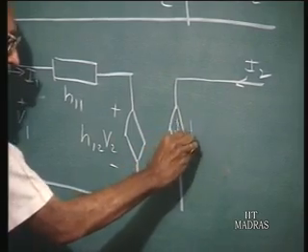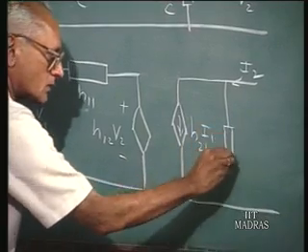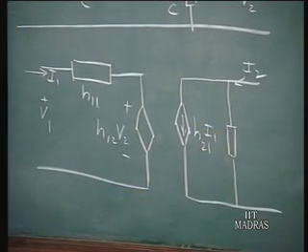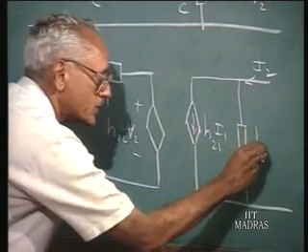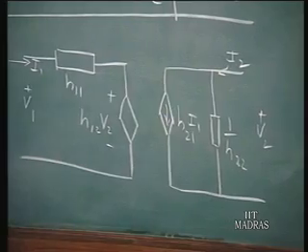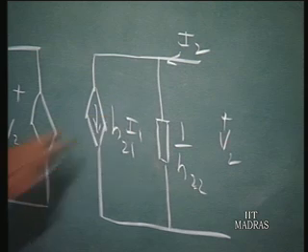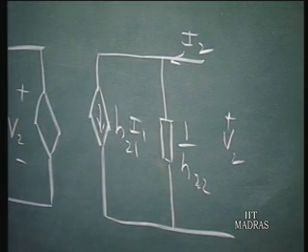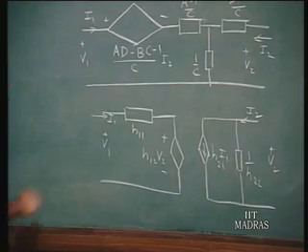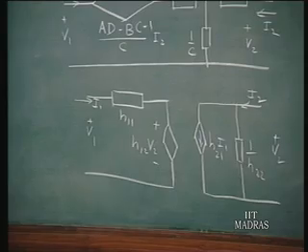So this is a current source of value H21 times I1 in parallel with an element whose impedance is 1 over H22. So if this is V2, the current here is H22 times V2, therefore the total current is H22 times V2 plus H21 times I1. So this is a current source whose current ratio is H21, and this is a voltage controlled voltage source whose value is H12 V2. So that is the configuration which gives an equivalent circuit of the two-port network in terms of H parameters.